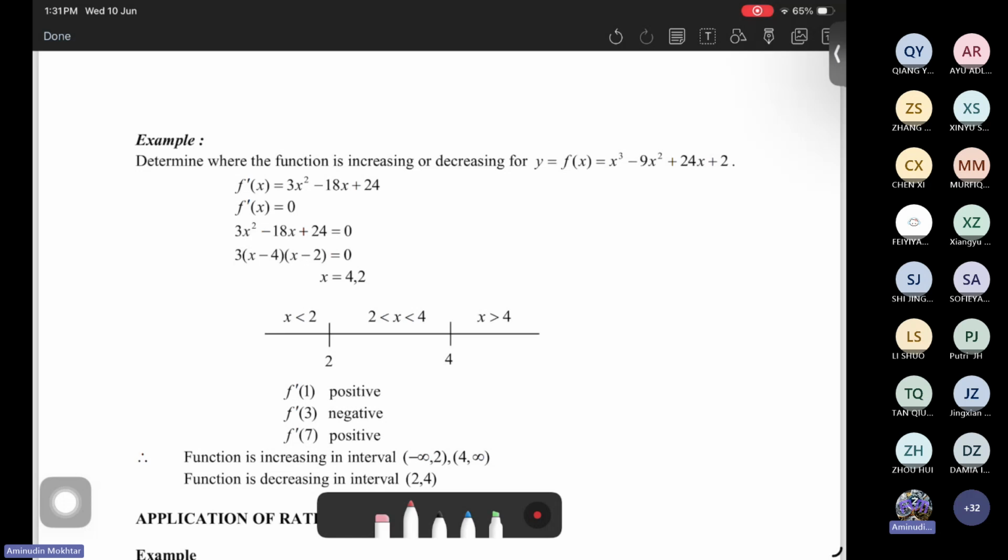For example, you can refer to part B of our lecture note.